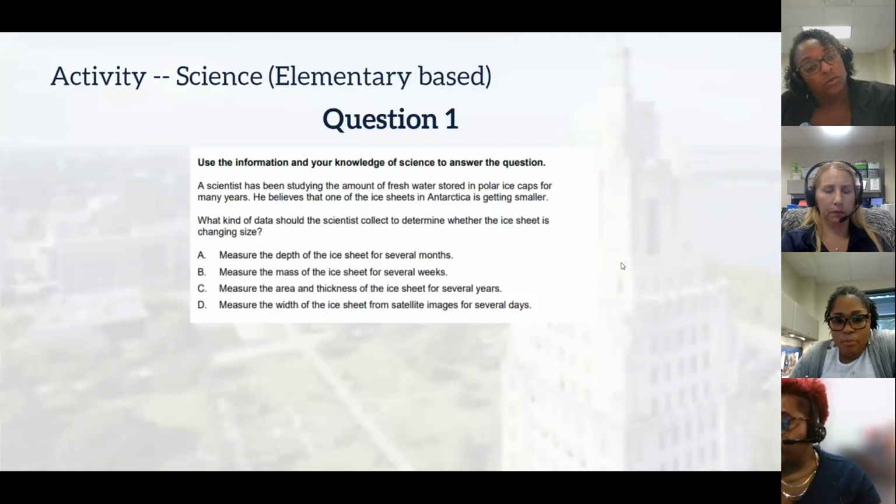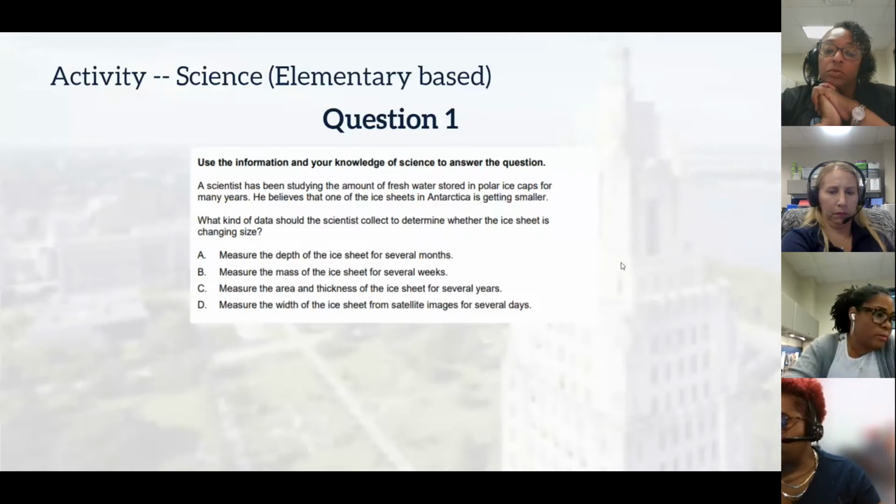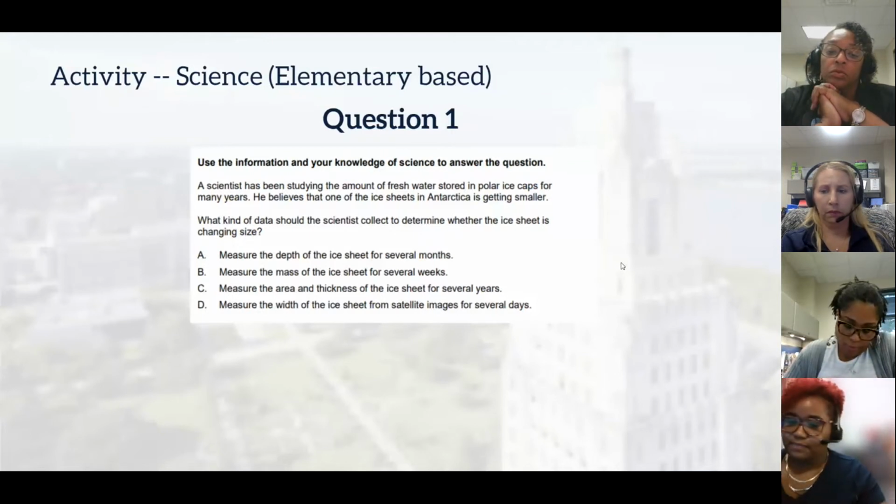What kind of data should the scientist collect to determine whether the ice sheet is changing size? Measure the depth of the ice sheet for several months. Measure the mass of the ice sheet for several weeks. Measure the area and thickness of the ice sheet for several years, or measure the width of the ice sheet from satellite images for several days.